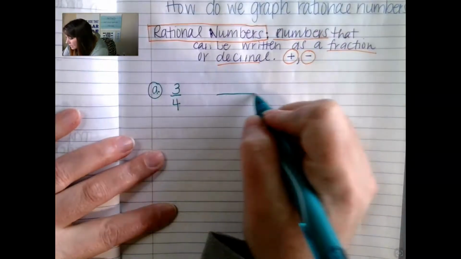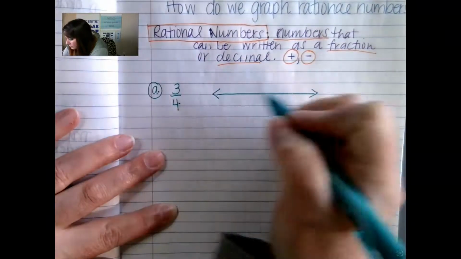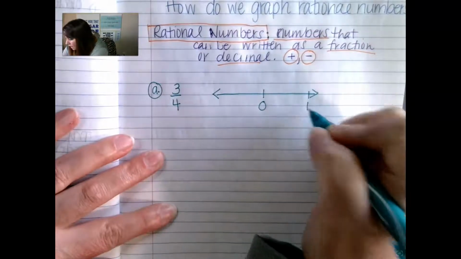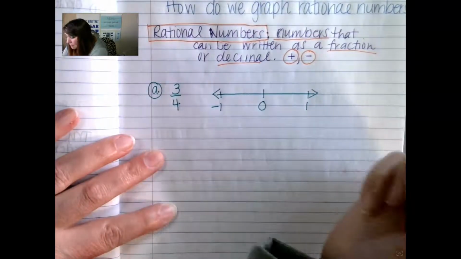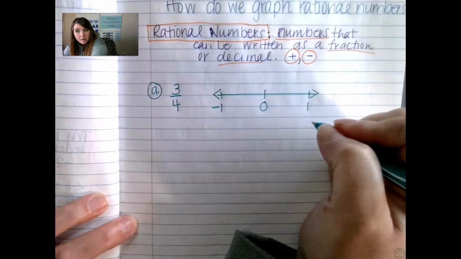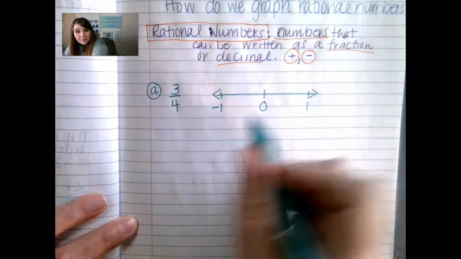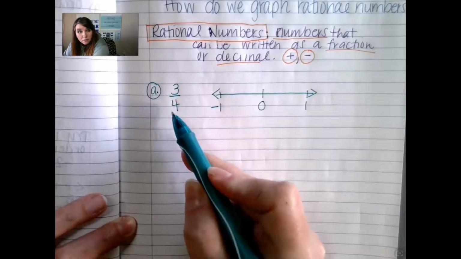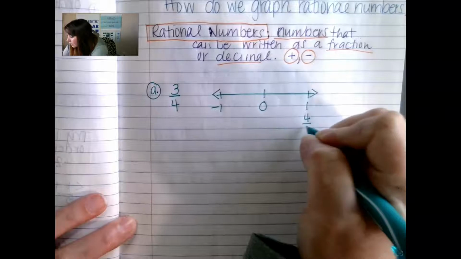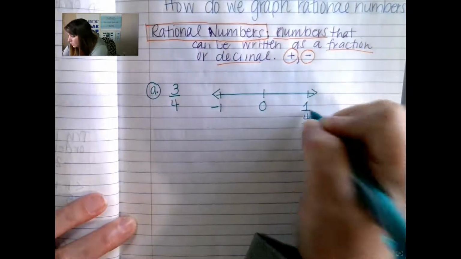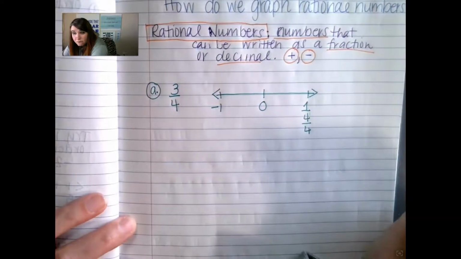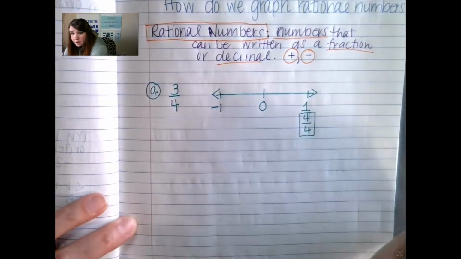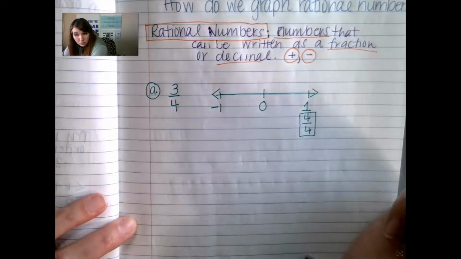So that means that when I make my number line, yes, I will have a 0, and yes, I will have a 1, but I am also going to have all these other lines in between because it's not even one whole. It's 3/4. If it was 4/4, it would be a whole. So this one whole right here is the same as 4/4. So I'm going to put a box around that. So we know that one whole equals 4/4.